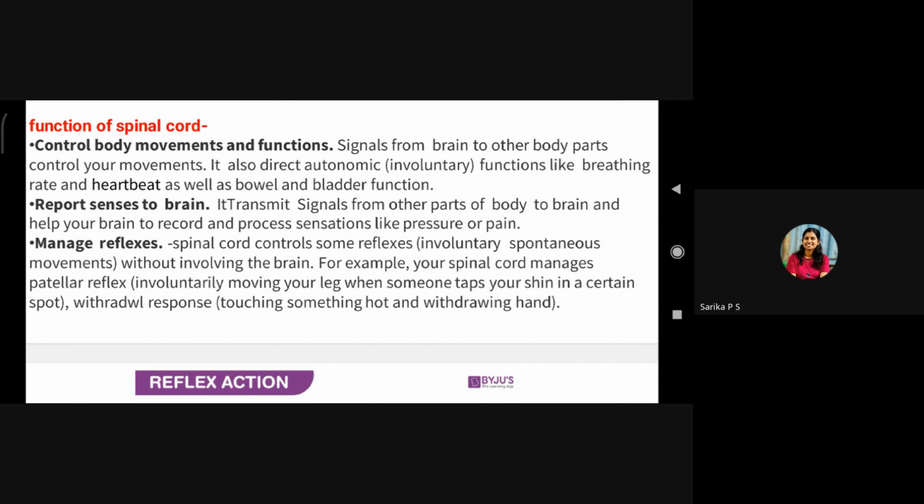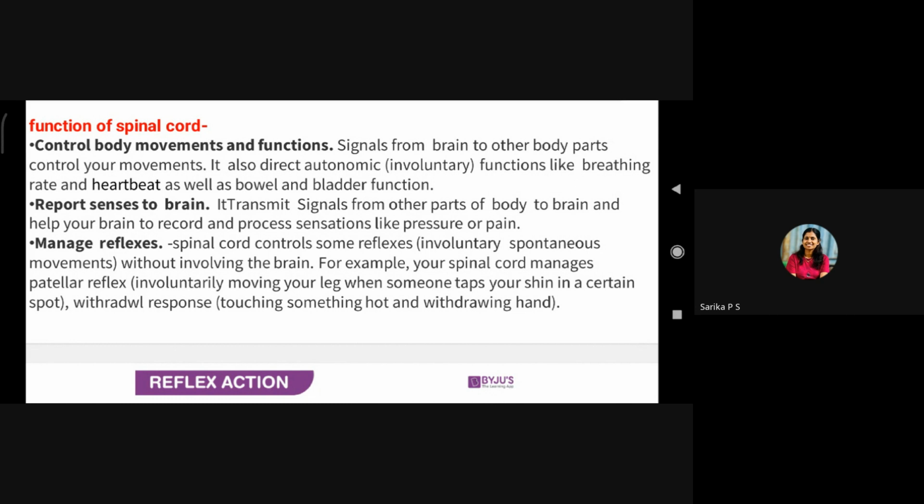Doctors, especially orthopedicians, check the reflex of your knee by a small hammer. They will hammer on your knee just below the patella, and due to reflex action, our lower leg elevates for a few seconds. That is the reflex action, and it is checked by doctors to know whether the reflex action of that person is okay or not.